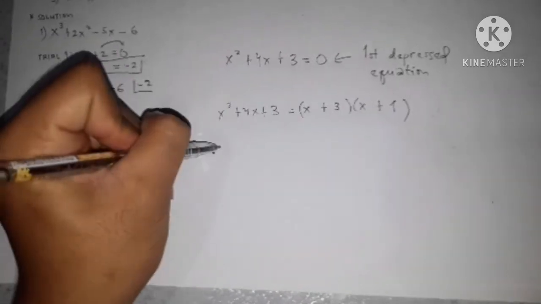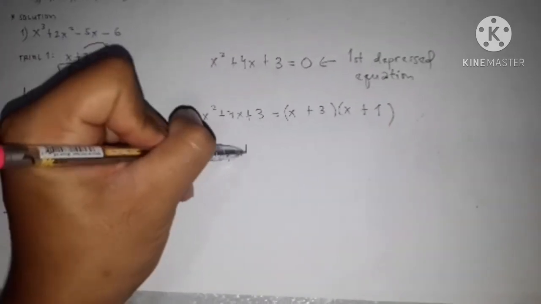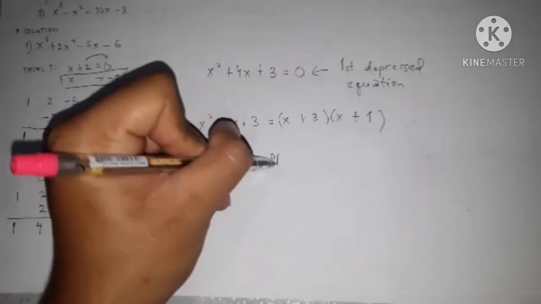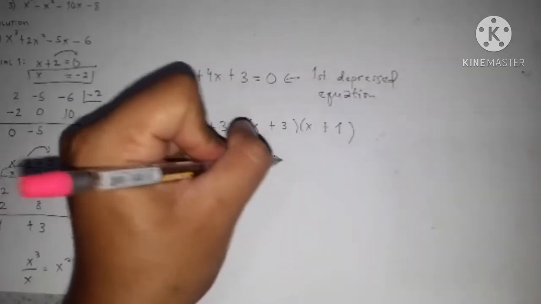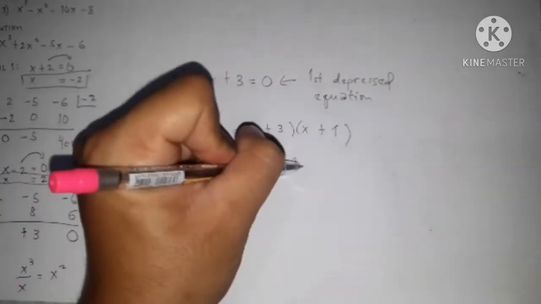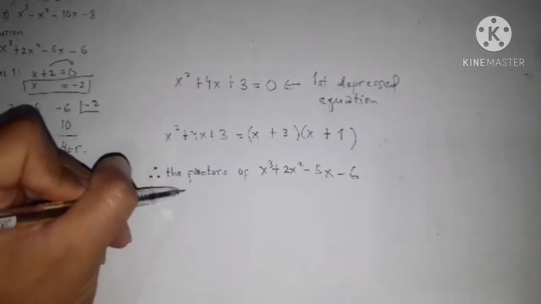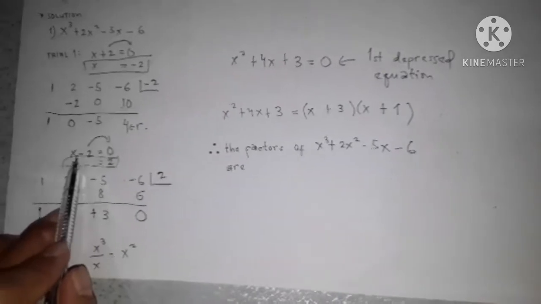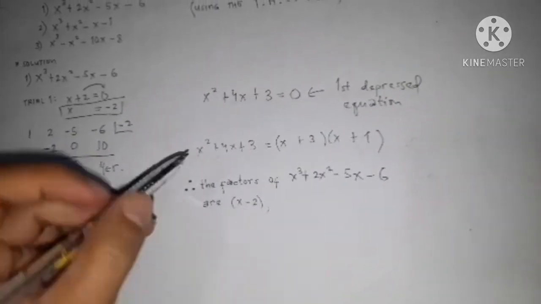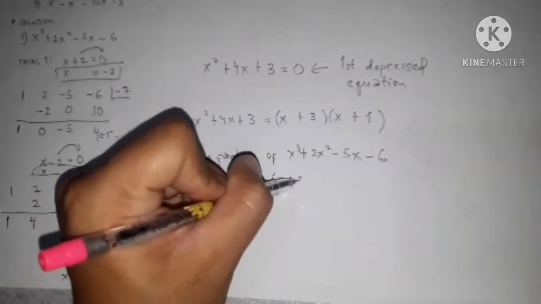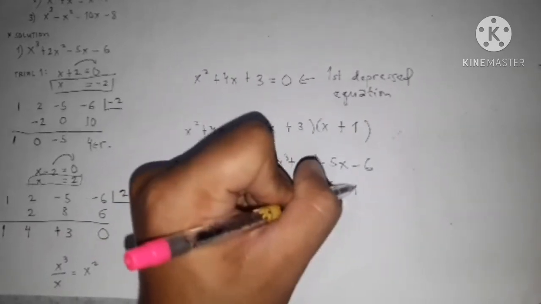Therefore, the factors of x cubed plus 2x squared minus 5x minus 6 are, you have the first factor, x minus 2, and then followed by x plus 3, and then x plus 1.